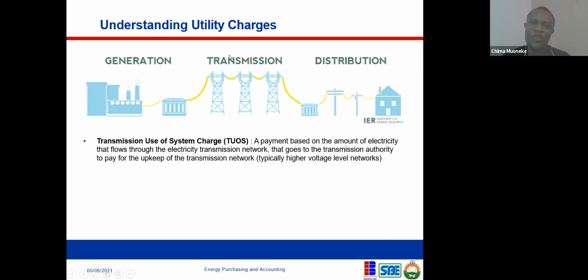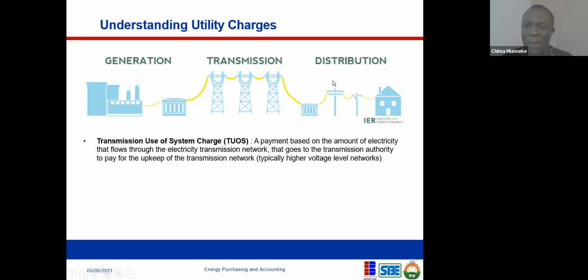After negotiating, they have to come to the transmission company and negotiate how much the transmission company is going to charge to transmit this power from the generator to their own company, which is Dangote. I'm using Dangote as an example; it could be any other company. So this charge that the transmission company is going to collect to transport this electricity to their company is what we call the transmission use of system charge.